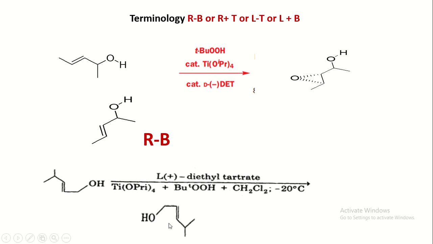Then OH is present at the left hand side with respect to the double bond, so use either L minus T or L plus B terminology; the configuration of diethyl tartrate is plus. Therefore, use L plus B. Next, B means epoxide is present at the back side, therefore alpha epoxide.